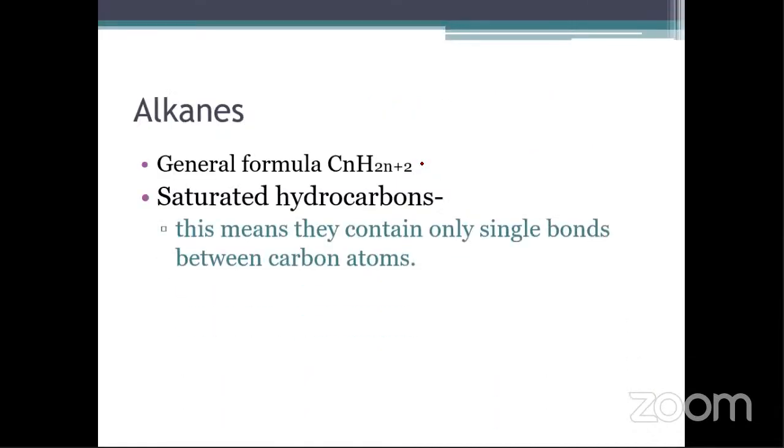All right, now let us go and talk about alkanes real quick. We are gonna run through this because we already discussed it face to face, right? So again, the general formula is CnH2n plus 2, and it's saturated. What does saturated mean? Only contains single bonds between the carbons. Right, it contains single carbon to carbon bonds.